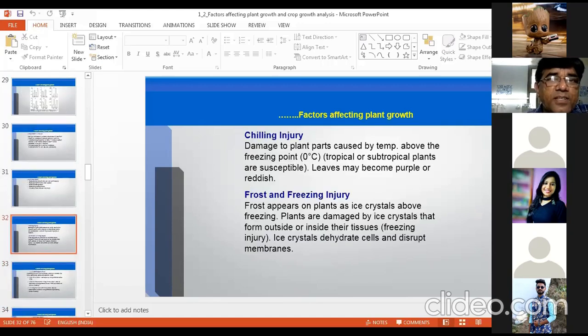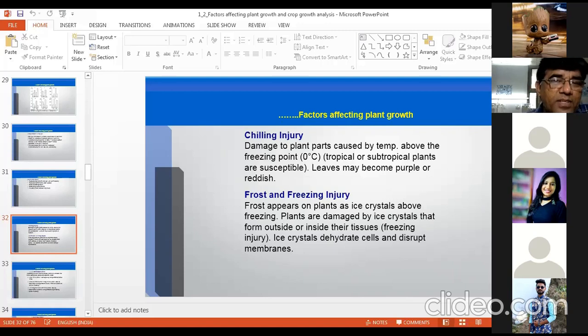You can see the difference between chilling injury and frost and freezing injury. Chilling injury happens mostly in the case of tropical and subtropical plants. Plants are adapted to tropical or subtropical or high temperature conditions, but sometimes there may be some chilly periods or cold periods. Such kind of injury is chilling injury. Frost and freezing injury happens in temperate plants, which are already growing under a low temperature environment.